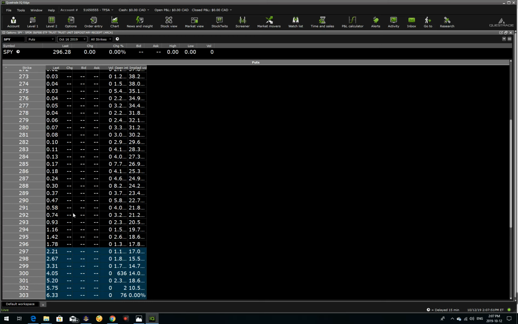Now, the 295 that we sold is now worth $5, the difference between 295 and 290 where the market is now. So we have to buy that back for $5, but our other one's worth $9. So we've got a $4 difference, and we only paid $2.74, so we're still well ahead. But that's if the market goes hugely your way.